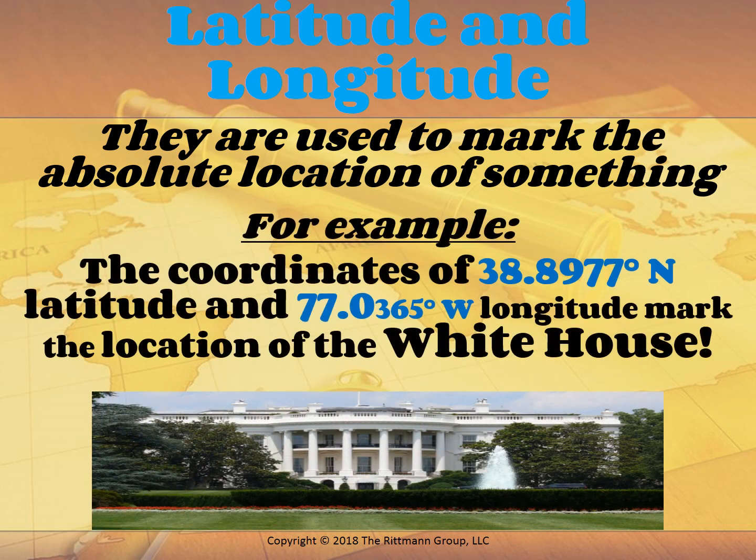For example, the coordinates of 38.8977 degrees north latitude and 77.0365 degrees west longitude mark the location of the White House. Notice how many numbers are behind the decimal. It's a very specific place. The military uses these coordinates to mark things as they travel.